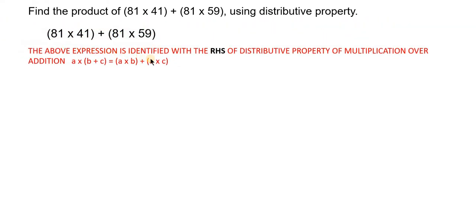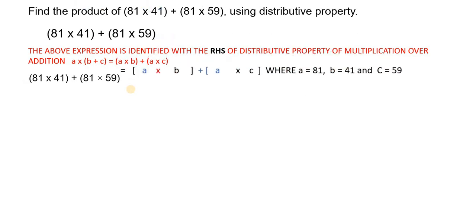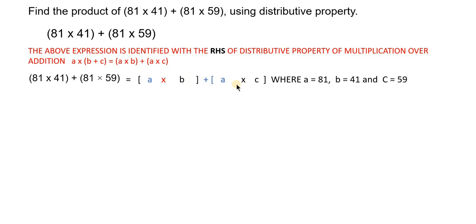The above expression is identified with the right hand side expression of the distributive property of multiplication over addition. This is A into B plus A into C, where A stands for 81, B stands for 41, and C stands for 59.